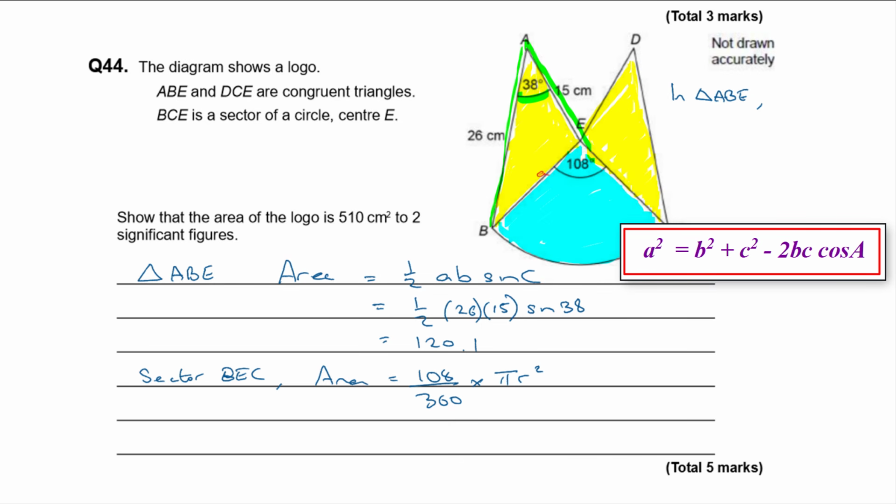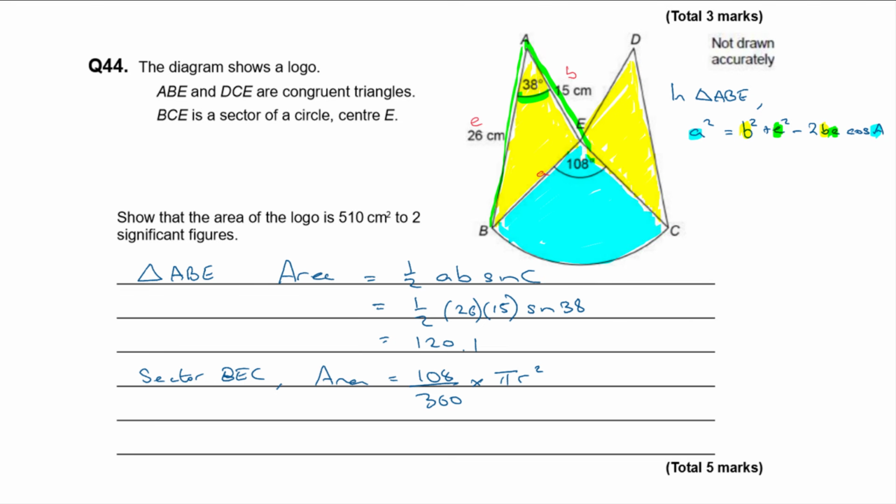If that's angle E, then this is side E, and if that's angle B, this is side B. So I've got sides A, B, and E, and I want side A. So I'm going to start with A at the front of my cosine rule. So A squared equals B squared plus E squared minus 2BE cos A. Just remembering the pattern that we talked about earlier, that B repeats, E repeats, and it starts and ends with the same letter. Okay? So that's the formula.